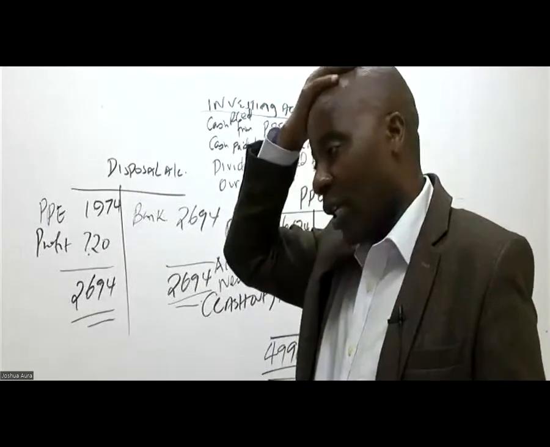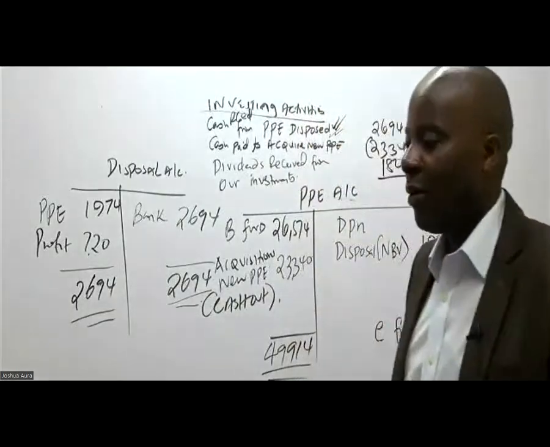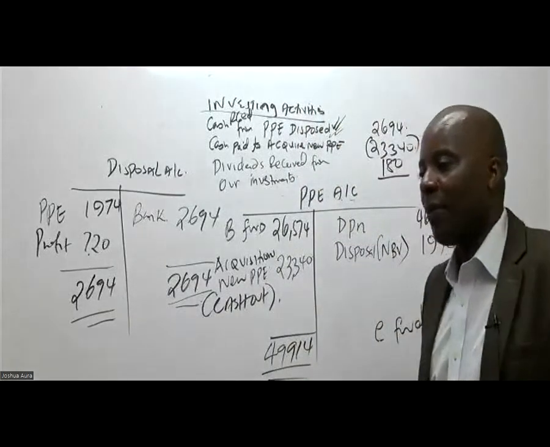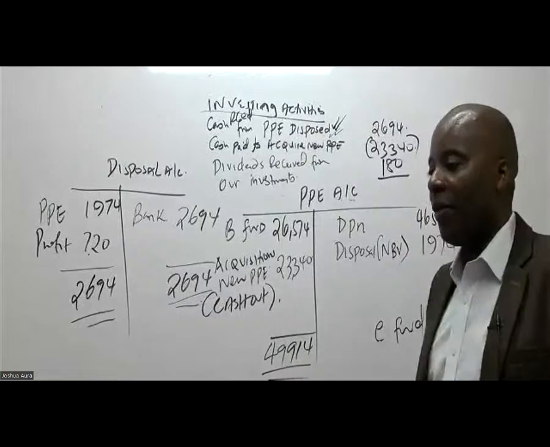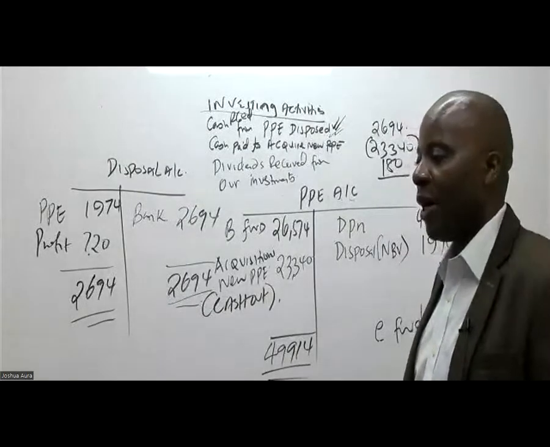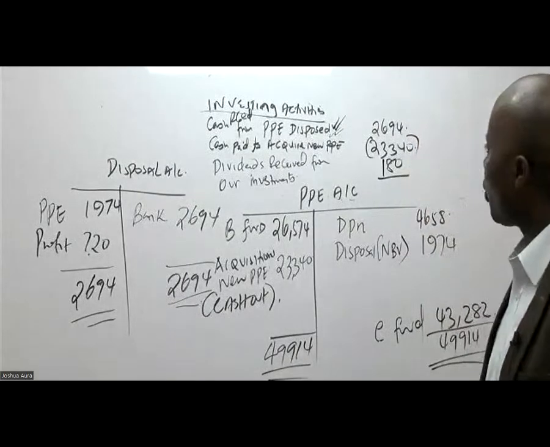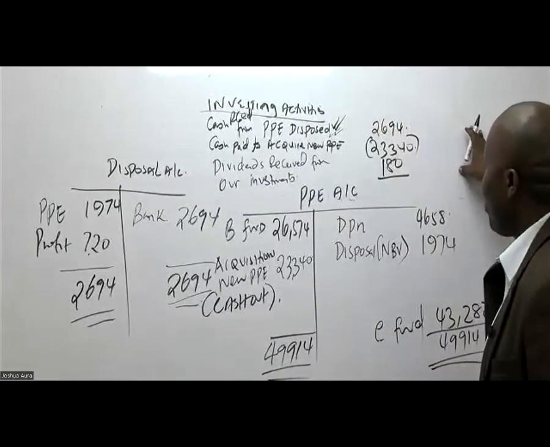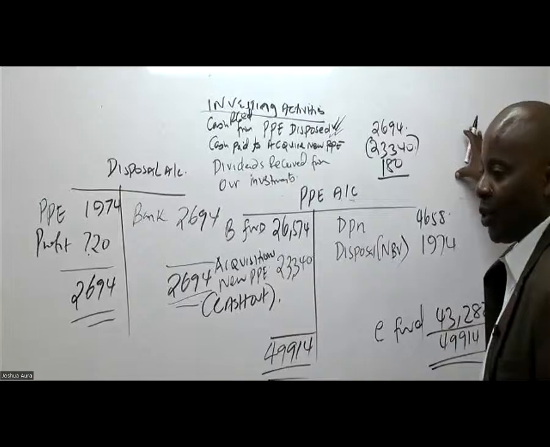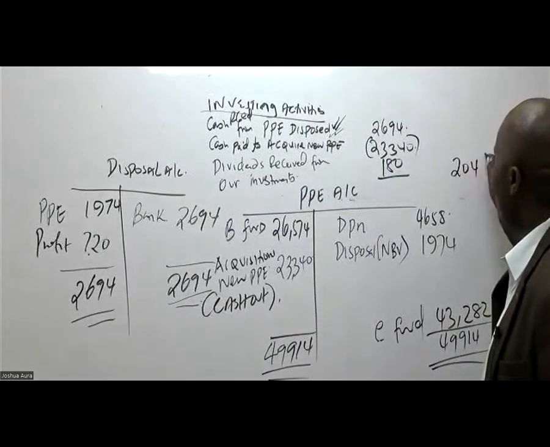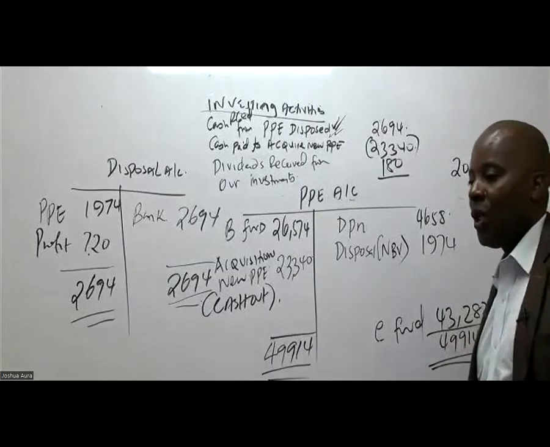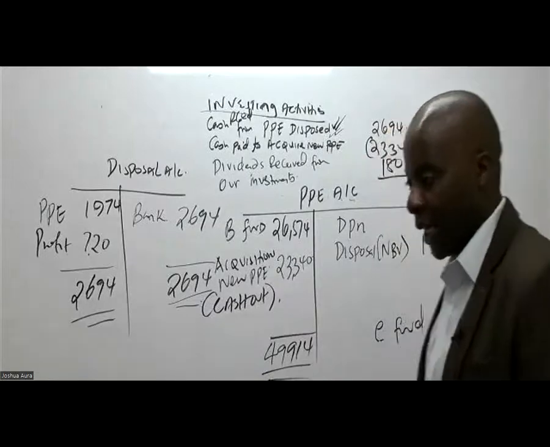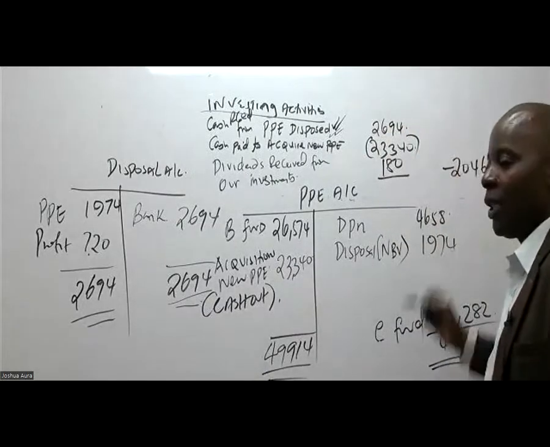Remember, not everything, just these three, the three I put here. 20,466. Negative, right? Negative cash outflow. Thank you very much.